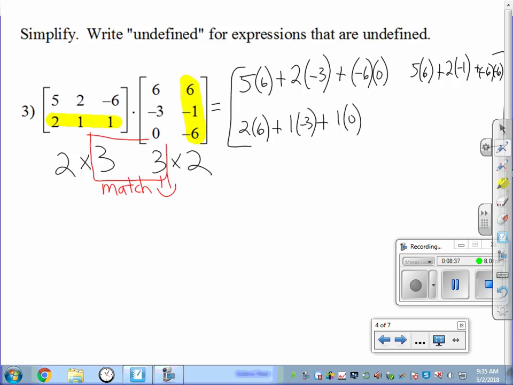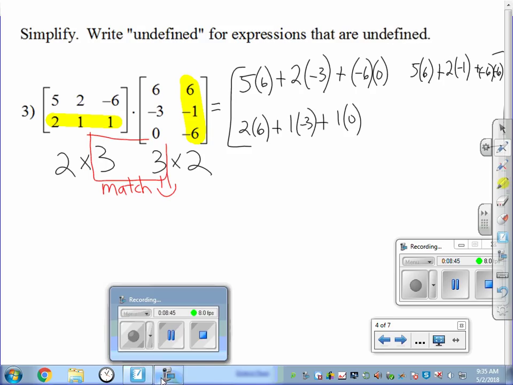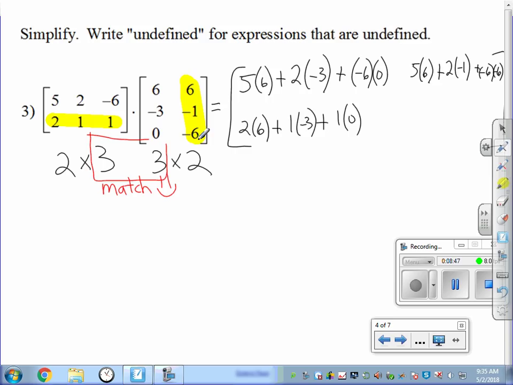Now, just to reiterate, what row am I in the first matrix? I'm in the second row. What column am I in the second matrix? I'm in column 2, the second column. That means when I'm writing this stuff out, I should be in the second row, second column of my new matrix. So let's do it.